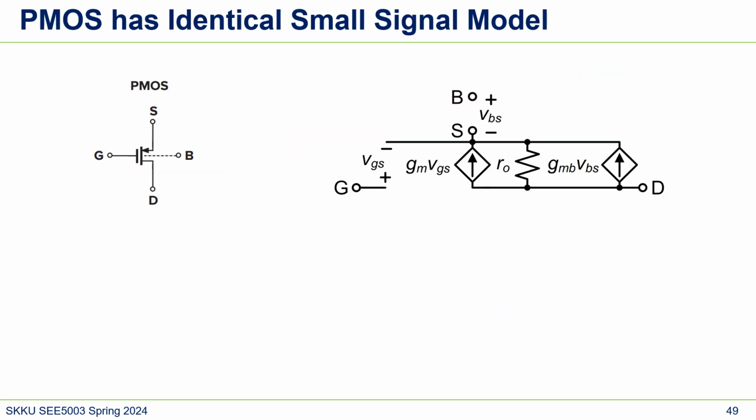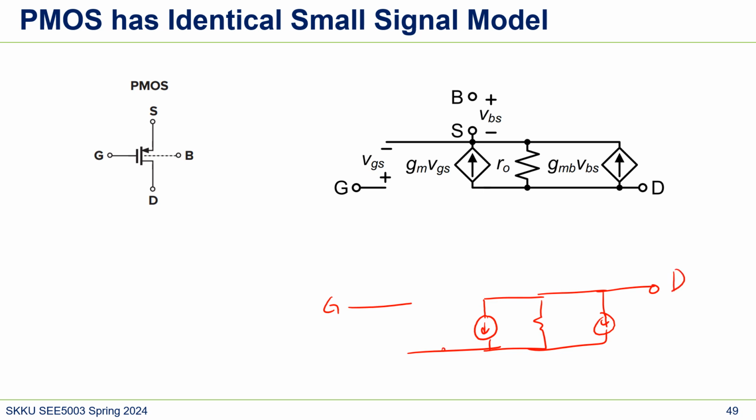And here's a PMOS small signal model. They are identical. You can just try to draw the NMOS model. Some people just use a square, but it doesn't matter. So like this, this is NMOS, right?